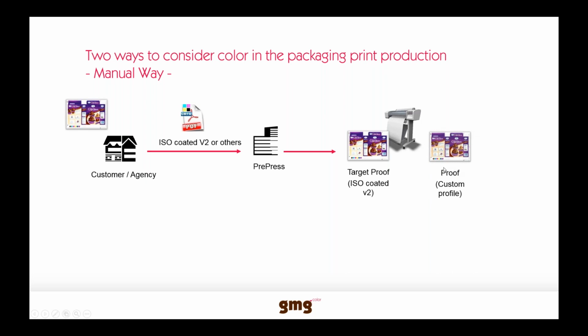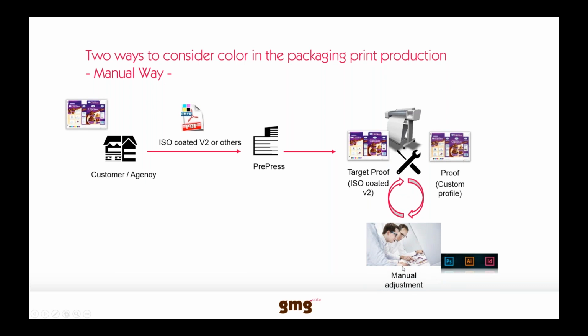In the past, it was only CMYK, so no spot colors. Today, with some tools like GMG OpenColor, you can also use spot colors in the design. Then they print out those proofs and compare them to the ISO Coated v2 proof, which they normally think is the customer's target.